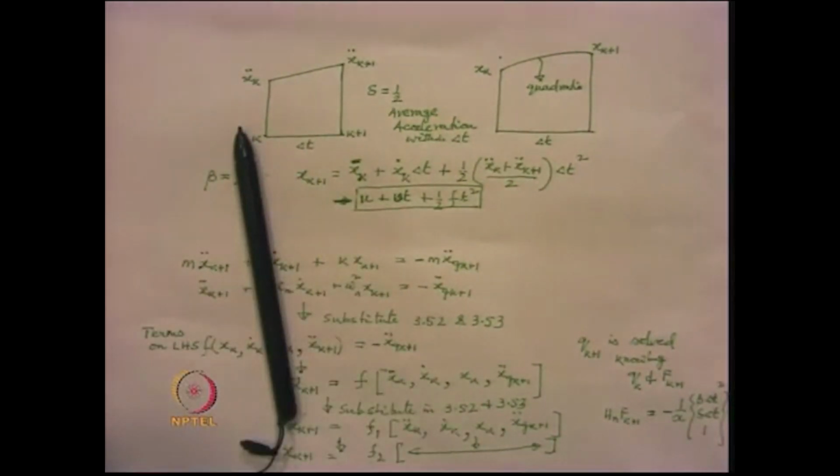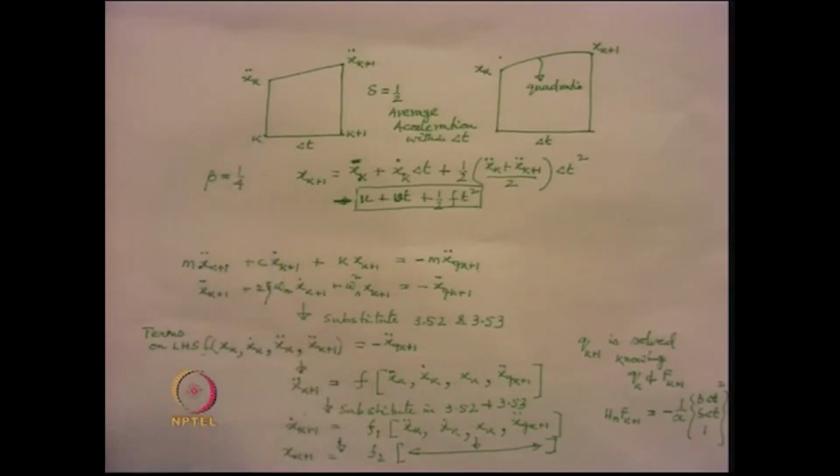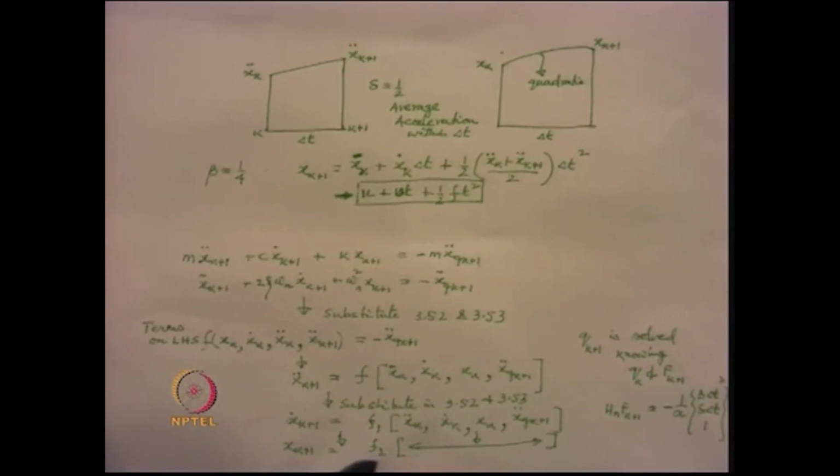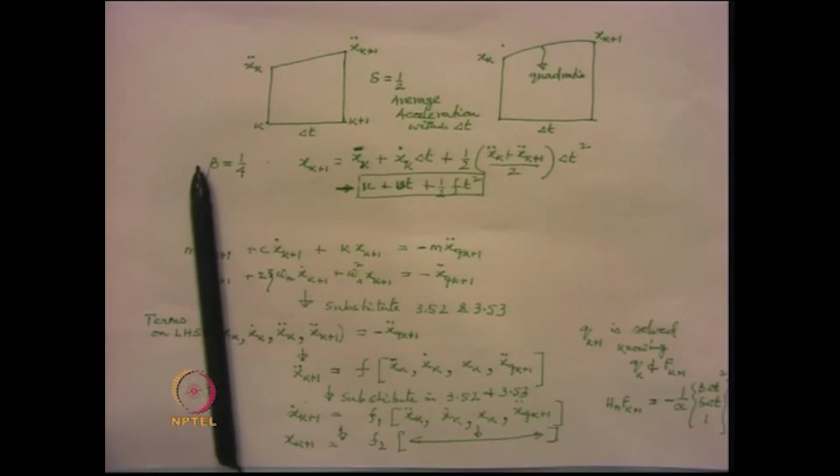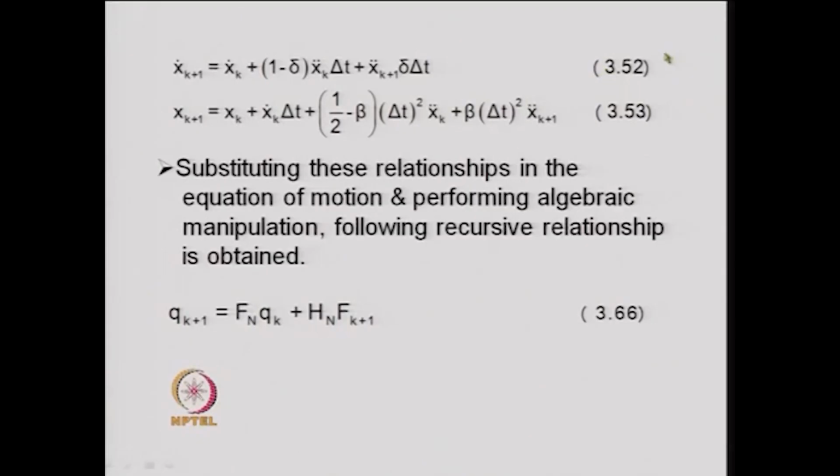Now, the two key equations that are used in the Newmark's beta method are the ones shown in equations 3.52 and 3.53. If we look at these two equations, they are already known to you.